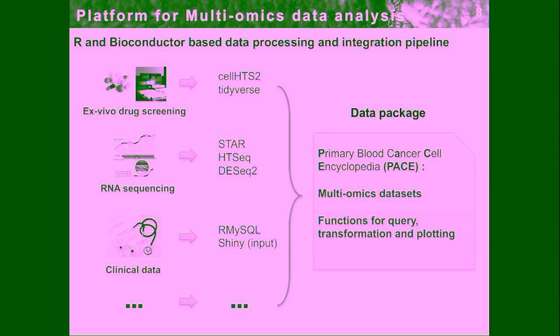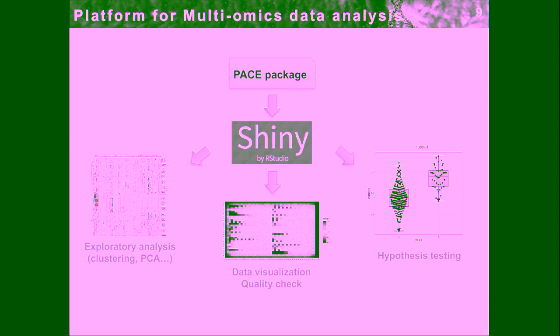On top of this, we also developed a Bioconductor package, Primary Blood Cancer Cell Encyclopedia, PACE, to store those multi-omics data sets. And this package also contains functions for query, transformation and plotting of those data sets. And because most of our collaborators are wet lab biologists and clinicians, they have very limited or no experience of coding.